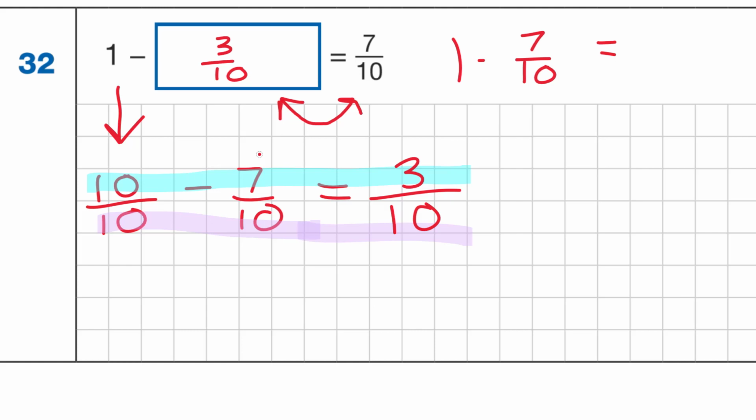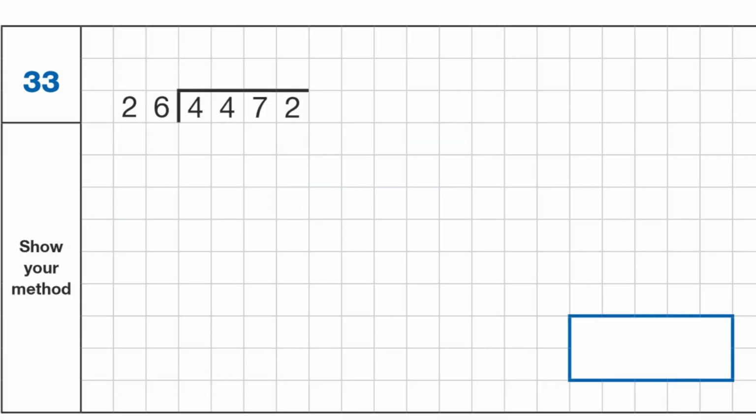And if we use a bit of inverse to check our calculation, does 3/10 and 7/10 added together make 1? Well, yes, they do. 3/10 and 7/10 make 10/10, which is the same as 1. Question 33, we've got another long division. 4,472 divided by 26. So the first thing I'm going to do is just write out my 26 times tables.